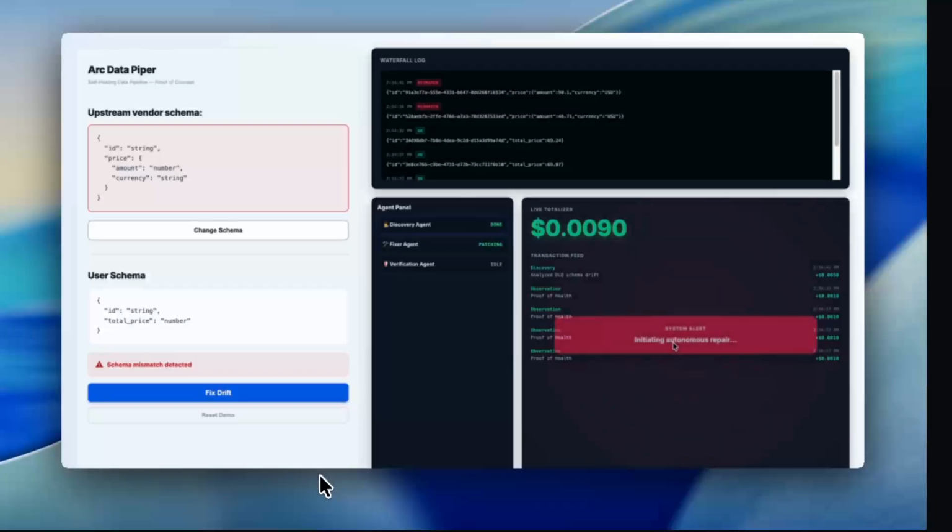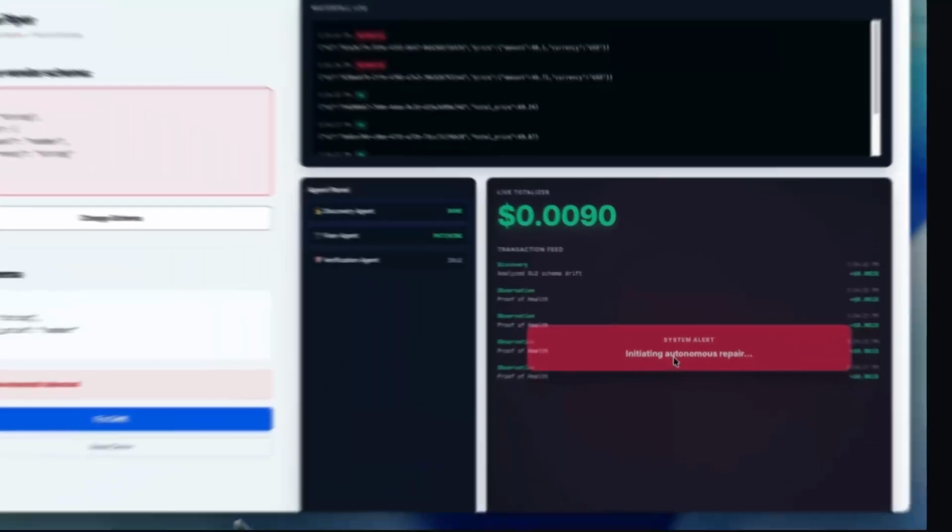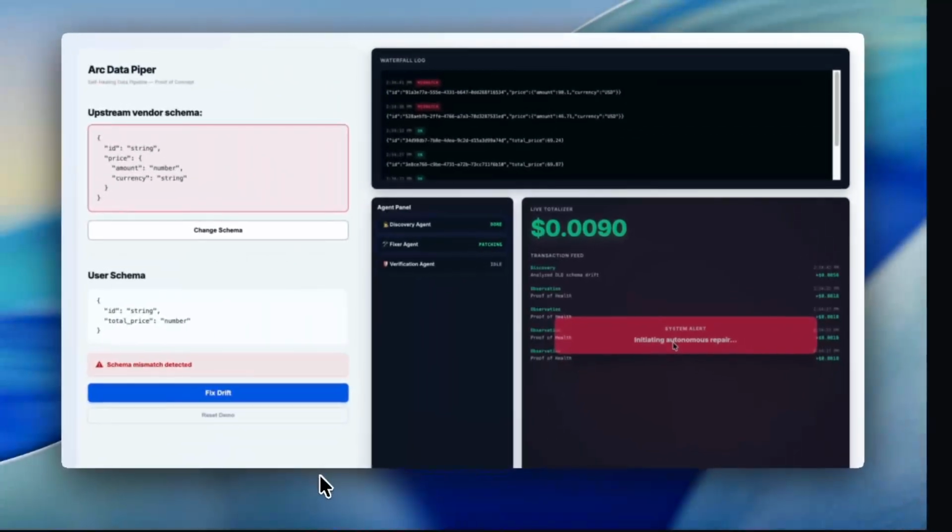So right now, the state that we were in was the discovery agent that kicked in to see what went wrong. As you can see in the live totalizer under the transaction feed, you paid a $0.005 fee for the discovery agent to go out there and see what's wrong.